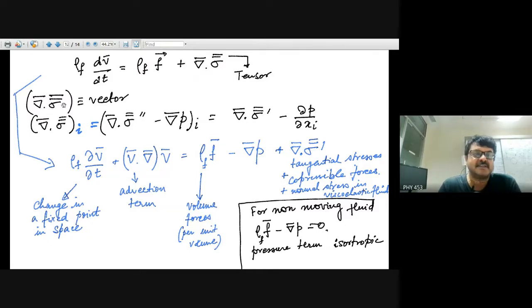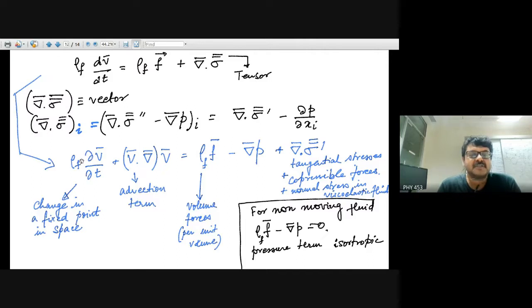And this is the general shear stress tensor, which will have this sigma dash term, the viscous stress tensor, minus grad p, which will sit only in the diagonal terms. So which in turn can be written as divergence of sigma dash minus del p del x i, because you have taken the ith component in general, right?